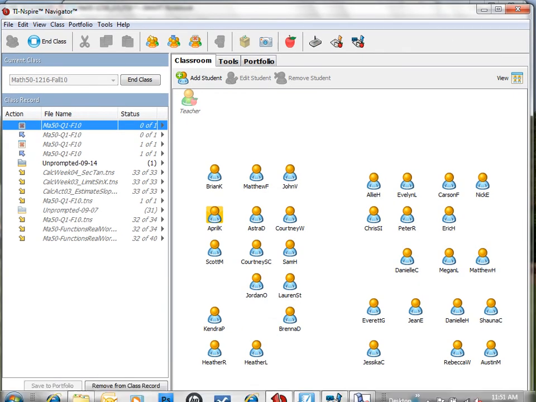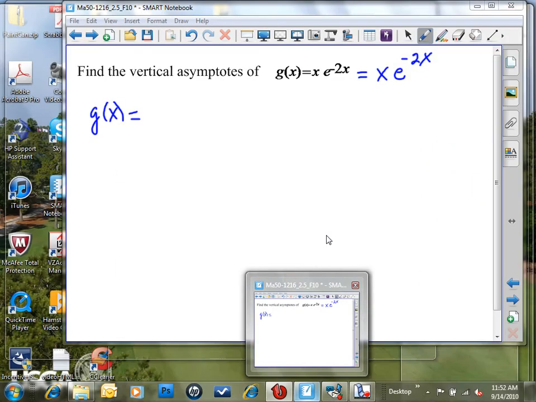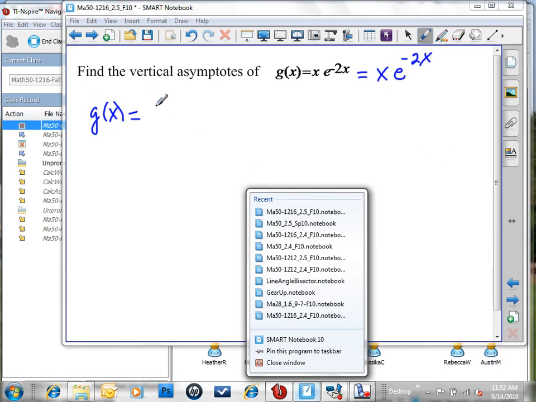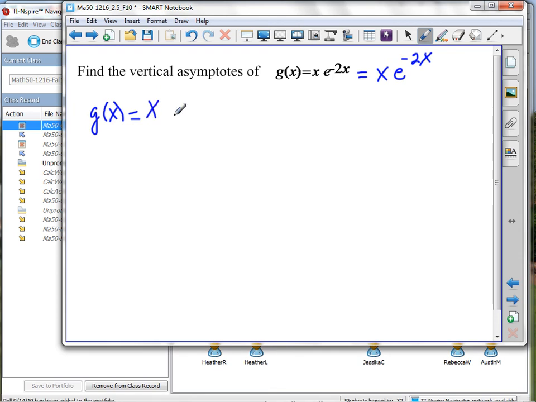Okay, let's get back to my notes. There we go. The idea is that if we have x, e to the negative 2x, I do agree, it should be something like that. However, that's not what I wanted, so we're going to change the problem. What we want to have is this, and I'm going to put it in red so that I don't forget to do something.